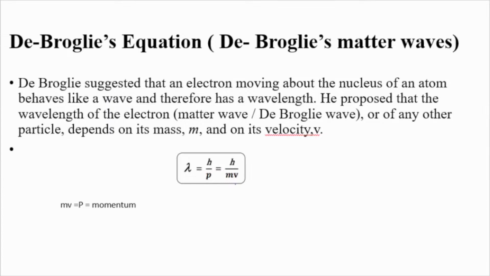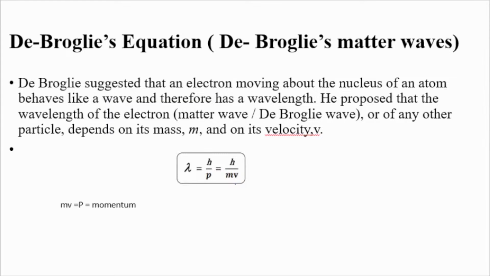De Broglie says electrons moving around the nucleus act like a wave, so they must have a wavelength. He proposed that the wavelength of the electron or of any other particle depends on its mass and its velocity. He gave the equation lambda is equal to h over p.